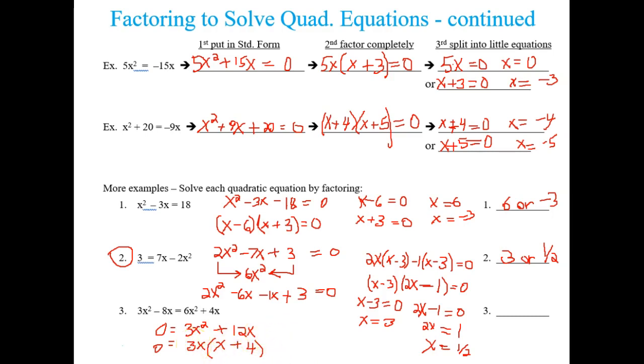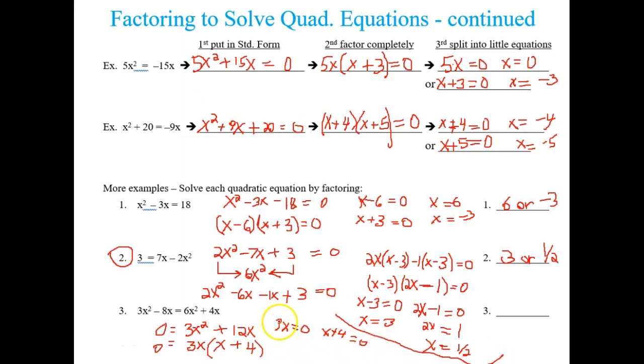And then I'll break it up using the zero product property. And so I'll set 3x equal to 0. And I'll set x plus 4 equals 0. Let me draw a line here separating these two problems.